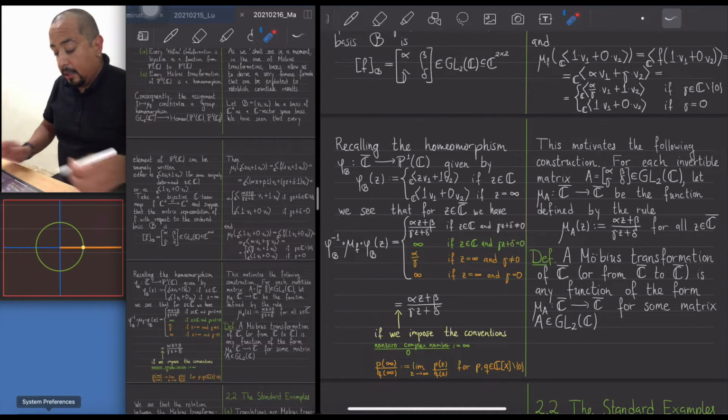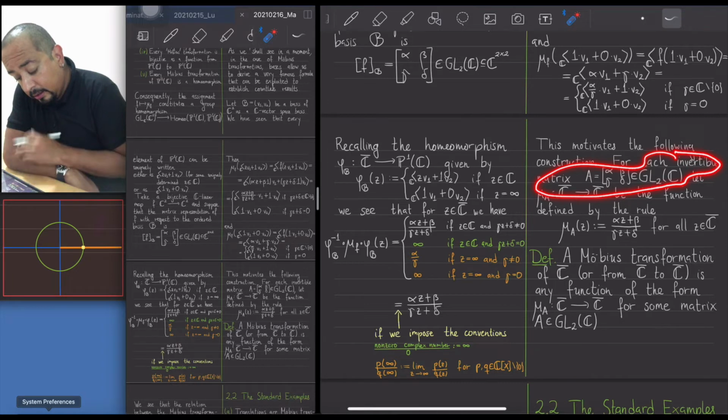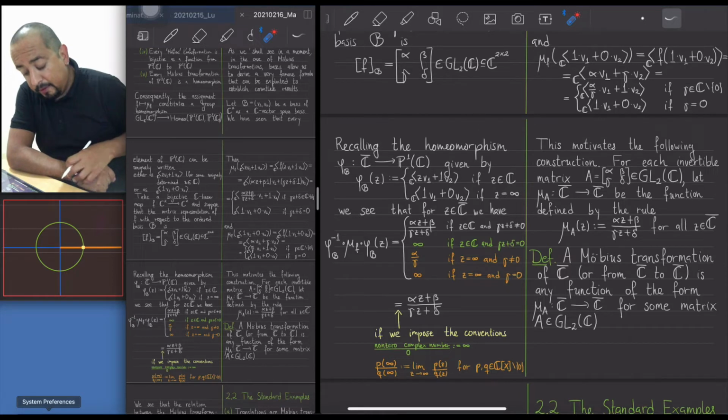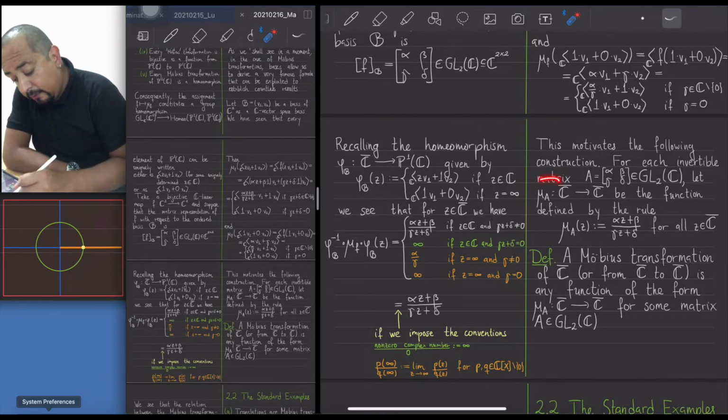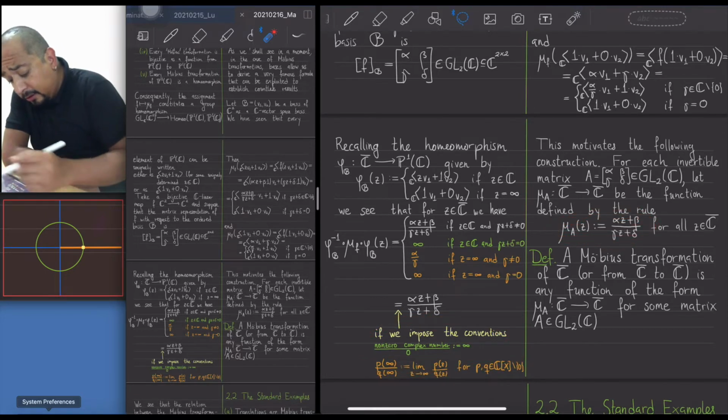So for each invertible matrix A equal to alpha, beta, gamma, delta, with complex entries, we define a function from C bar to C bar by this rule, with these conventions. Such functions, the functions of the form mu A for A invertible with complex coefficients, are going to be called Möbius transformations of C bar.